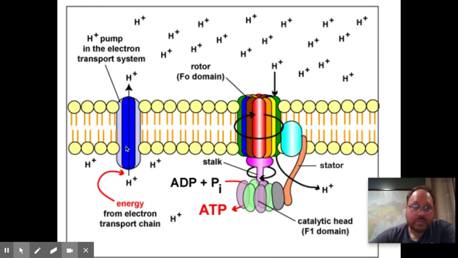So you use this pump to create this electrochemical gradient. So you have all these protons on one side of the membrane. And what the protons do is they have a concentration gradient and they have a charge gradient. It's more positive on the outside of that membrane. So what happens is when the protons flow back through this protein, looks like sort of a party there, but when the protons flow back through, it actually spins.